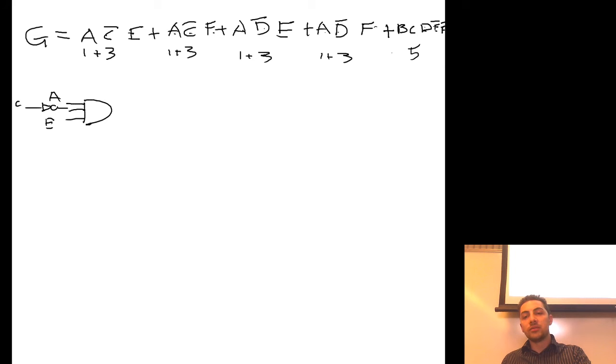And here we've got 2 inverters, so that's 2. So that's for each of our terms. And then we also have an additional OR gate here, so we count up the number of terms. 1, 2, 3, 4, 5 extra terms, so we'll add on 5 there. So what do we end up with? 4, 8, 12, 16. 16 plus 5 is 21, plus 7 is 28.